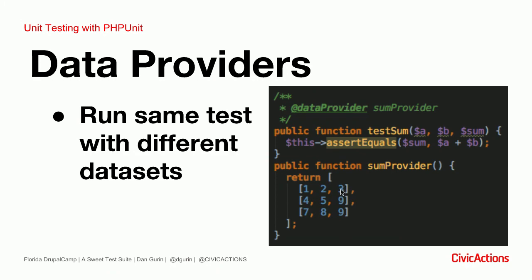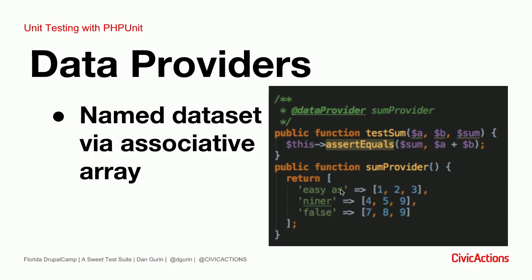These first two would pass. You can do this with an associative array, and that's cool because the test would return the key of the array, so you can kind of keep track of what it is that you're testing that way.